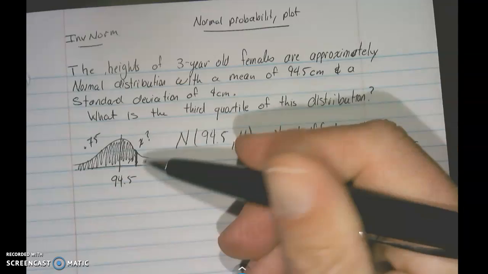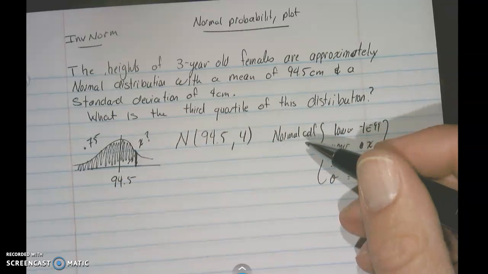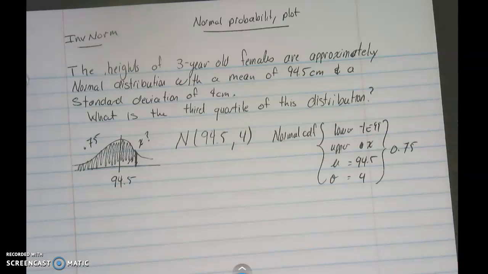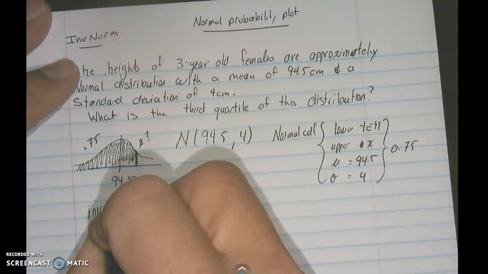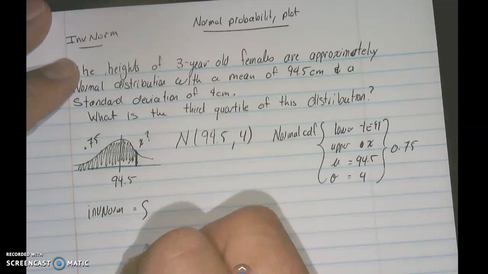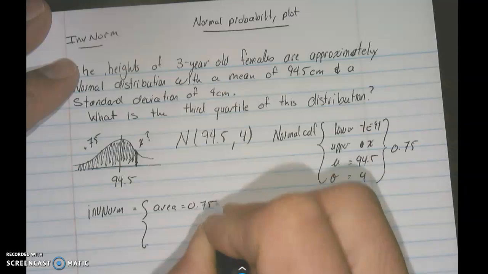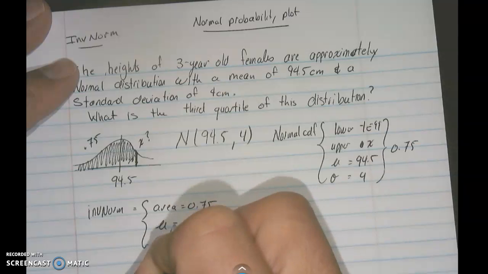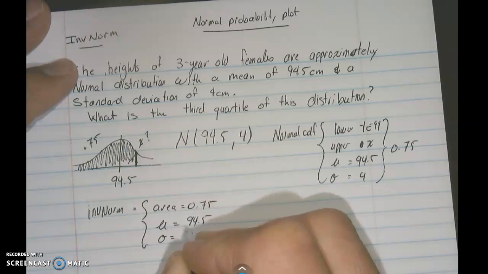But we could switch around and say the upper quartile, so 0.25, we could have changed it like that. So we're going to go inverse norm, and then it's going to ask for our area, which is 0.75, our mean, which is 94.5, and our standard deviation is 4.